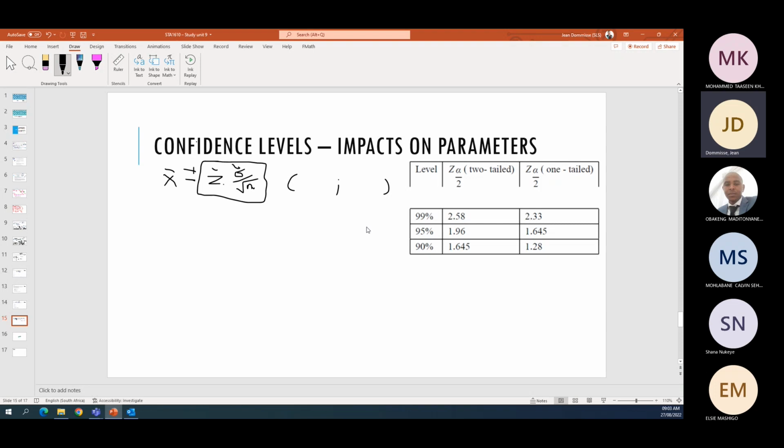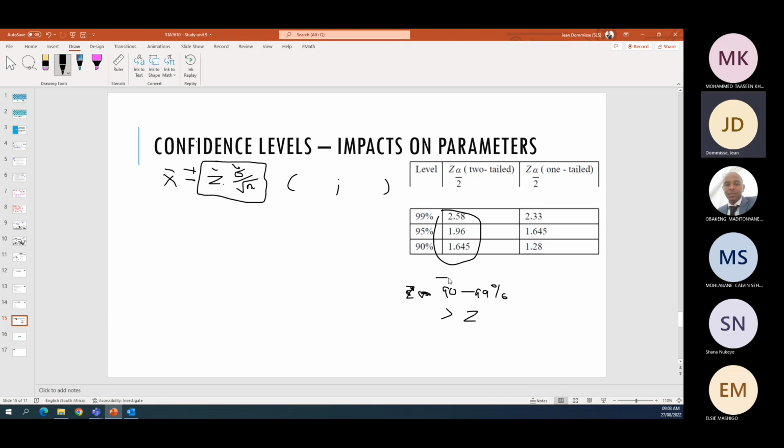The first thing to look at is the confidence interval, the Z. So the higher the confidence level, if we go from 90 to 99, the higher your Z becomes.